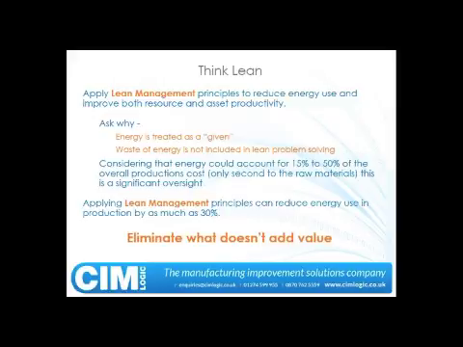If we're running a process where we have an oven or a freezer, for example, some high energy demanding piece of equipment, then the energy could account for anywhere between sort of 15 and 50% of the overall production costs, which is very high.